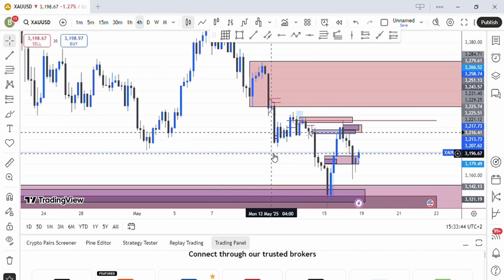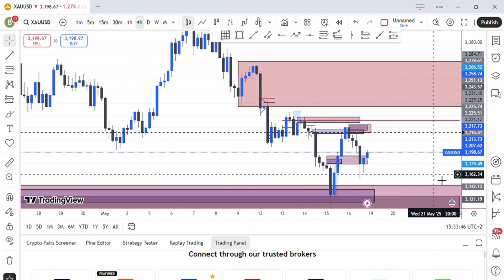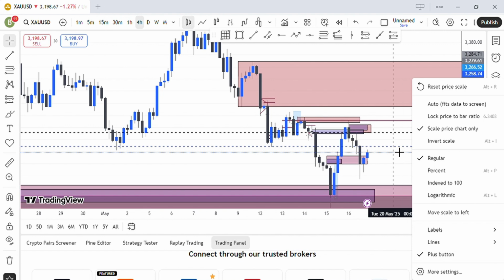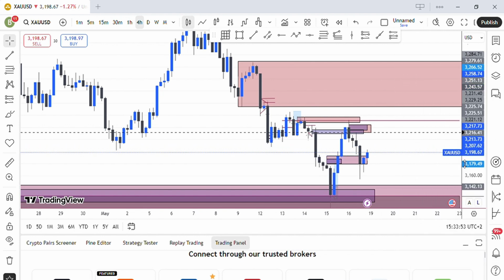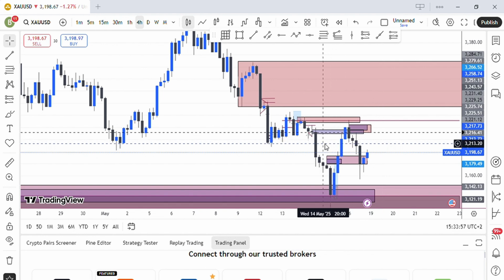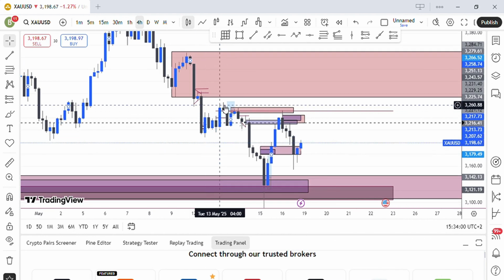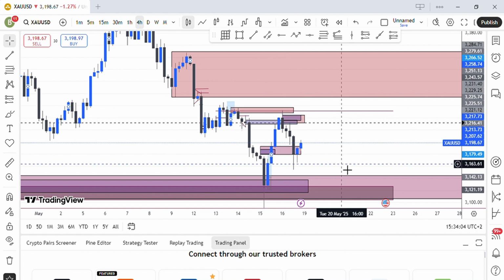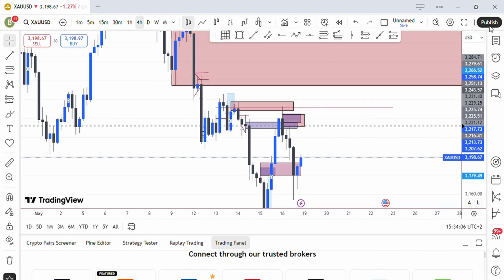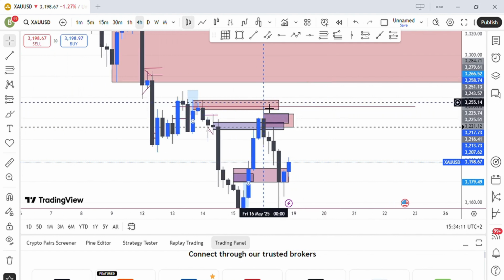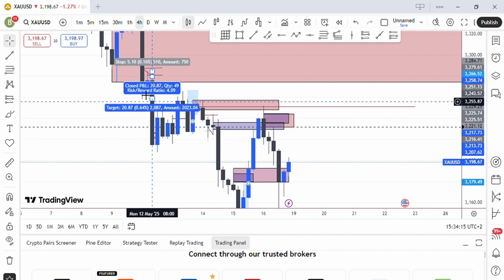And on the 4-hour, there was this engulfing here, which price tapped into at midnight and sold off.